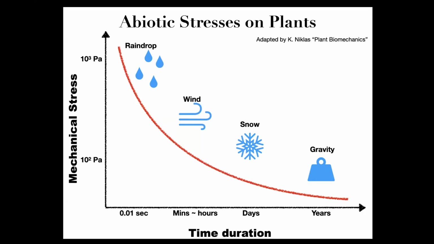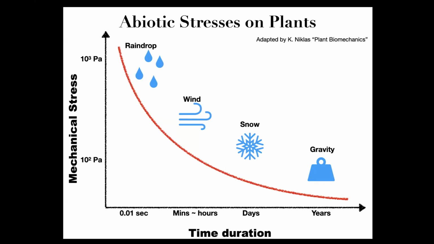In general, if you look at the life of a plant, there are many different levels of stress the plant experiences, and the ones with high stress have a short duration. Let's say raindrop impact: once the raindrop impacts, it will stick on the leaf only a fraction of a second, and it will just scatter around.